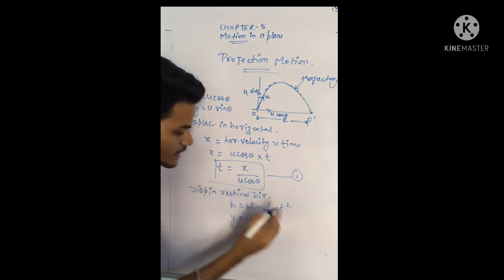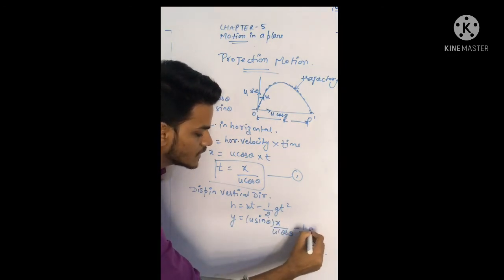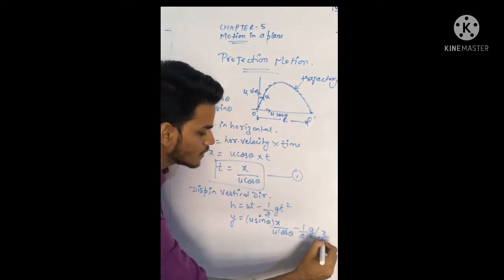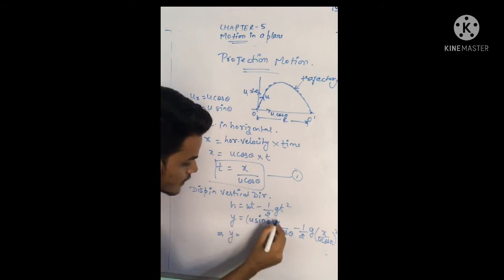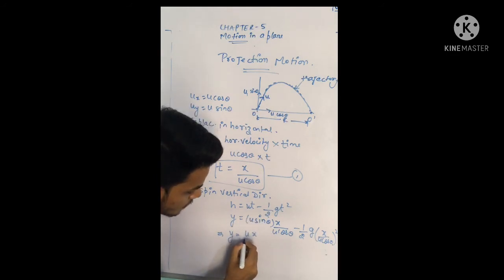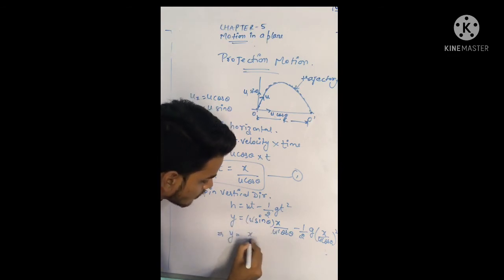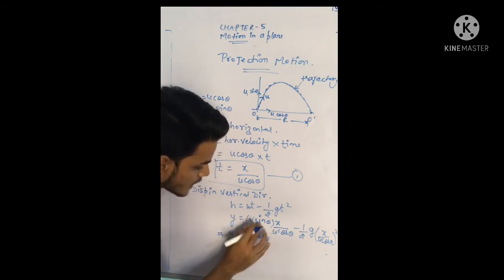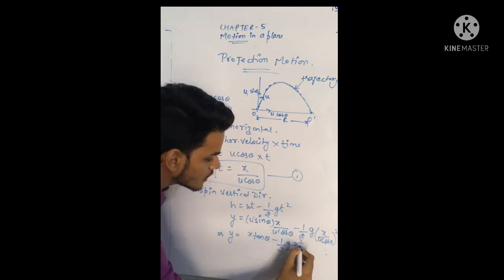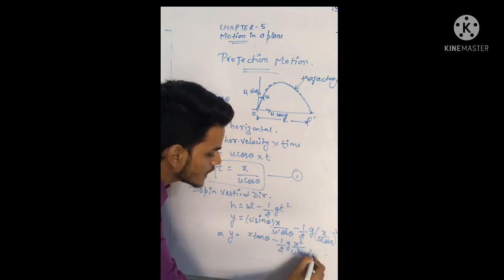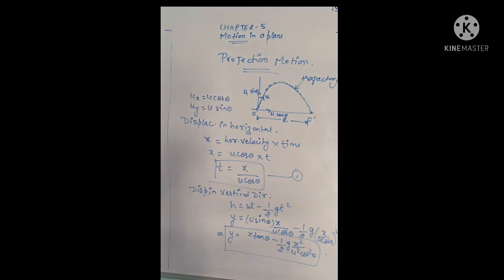What is t here? t here is x upon u cos theta, minus half into g into x upon u cos theta whole square. On solving, u gets cancelled, and we get x tan theta, since sin upon cos is tan, minus half g into x square upon u square cos square theta. So this is the final displacement in y direction or vertical direction.